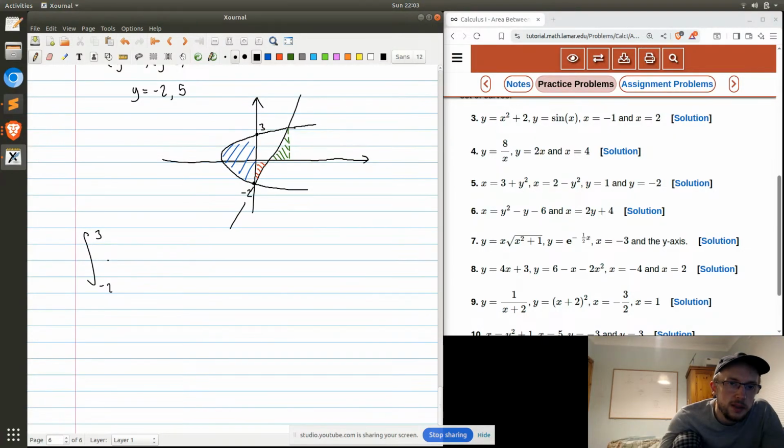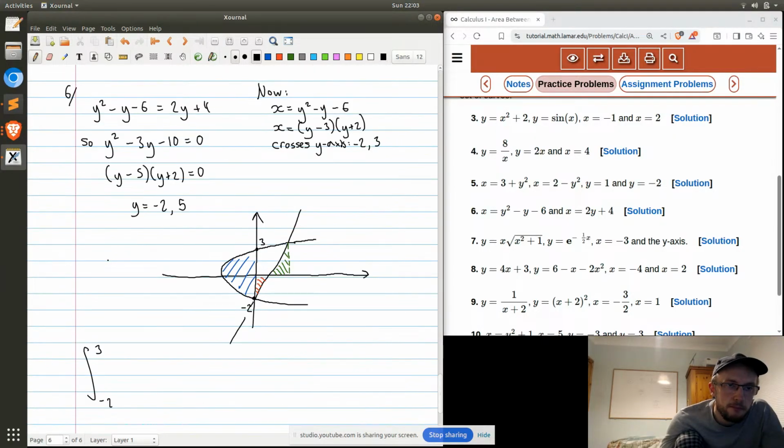All right. So -2 to 3 of y squared minus y minus 6. Gotcha. And actually compute that integral.